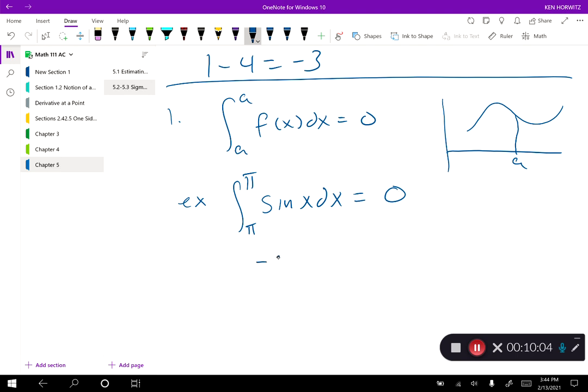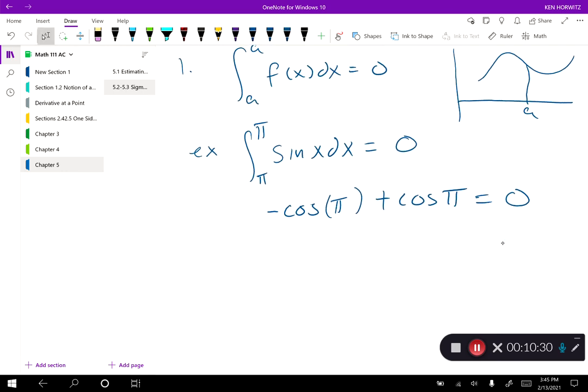That's negative cosine x. So I'm going to use my fundamental theorem, say negative cosine of pi, plus cosine pi. Now, negative cosine pi and positive cosine pi most definitely add up to 0. We don't even need to know what they are because they're going to be the same value, just one's the negative of the other.